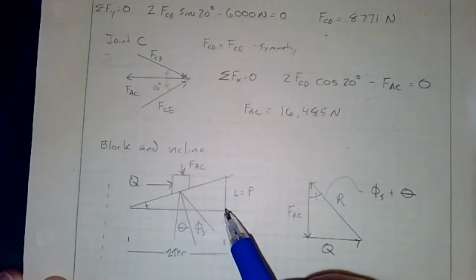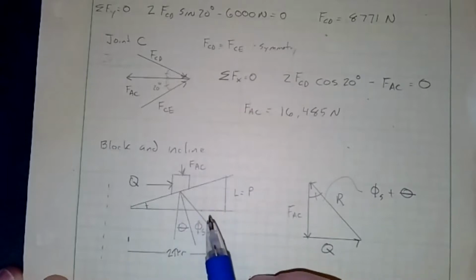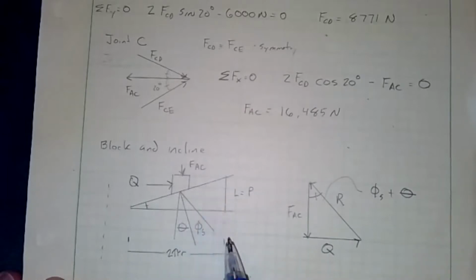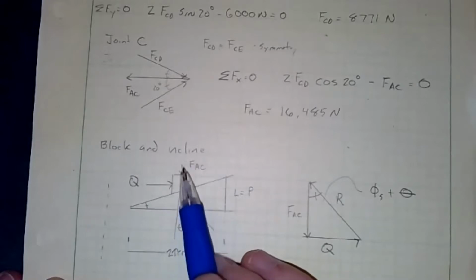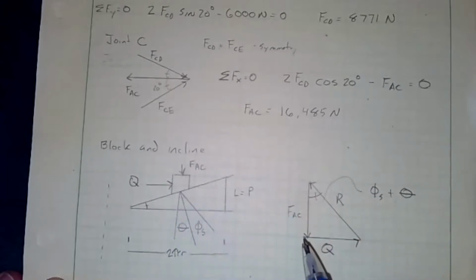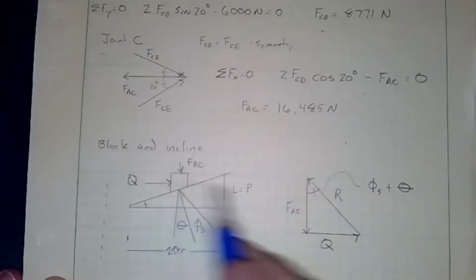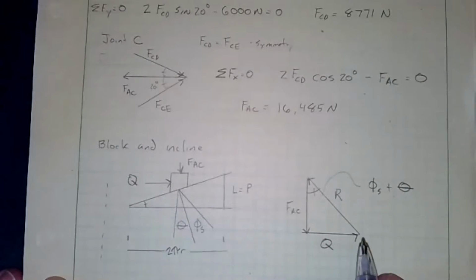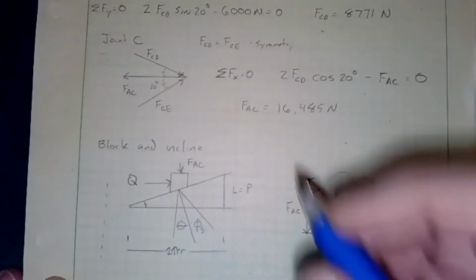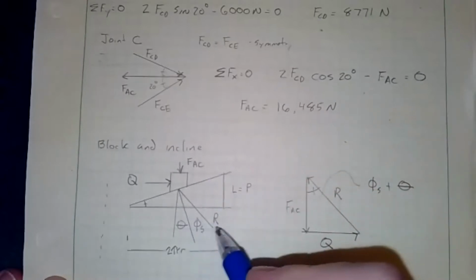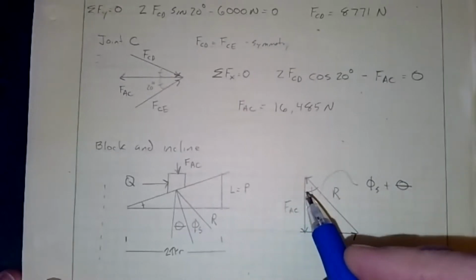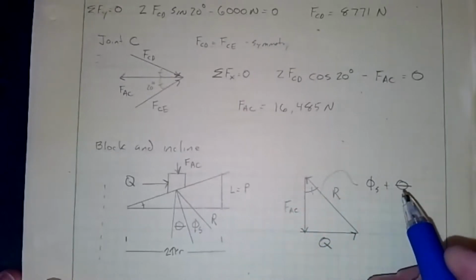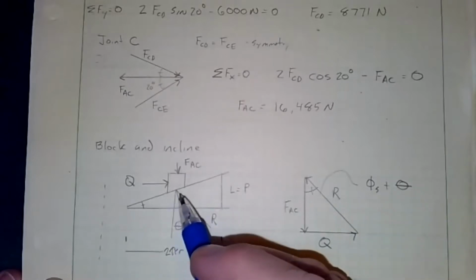Now if we draw the diagram for the block, because that's really what we're interested in right now, we know there's a force AC going down, so that's this force acting on the block. We know there's Q going to the right, and there's this reaction R going up this way. If we put those together, we know that R is going to be at an angle of phi sub s plus theta, just like it would be on the block normally.